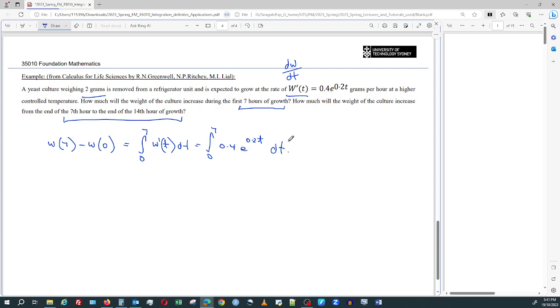And of course what we understand is that this is able to have the 0.4 brought out the front.